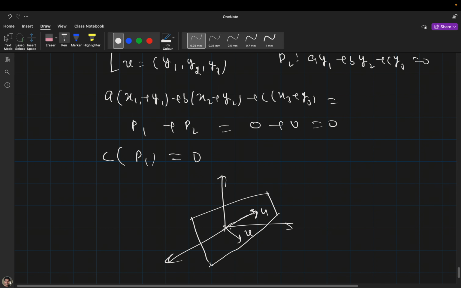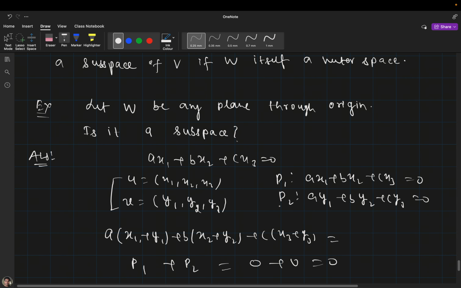The vector sum u plus v is also passing through the origin. C times u is also passing through the origin. So that's why it always satisfies all those axioms. That's why the set of all planes which pass through the origin is a subspace.